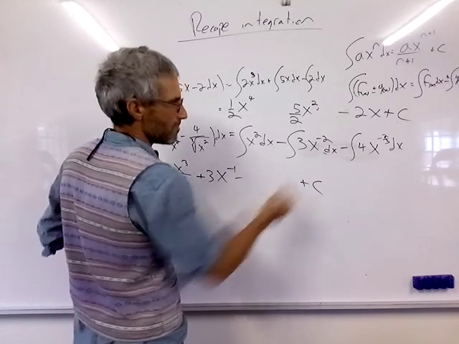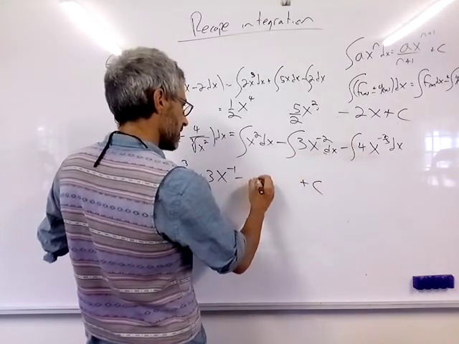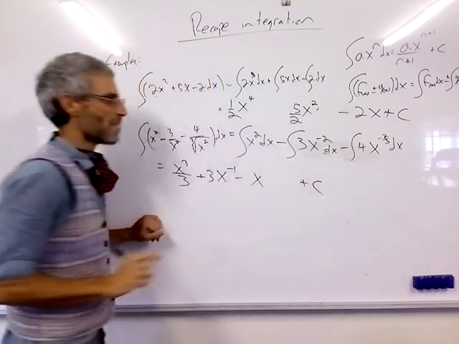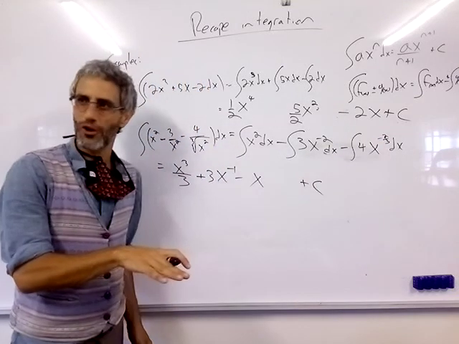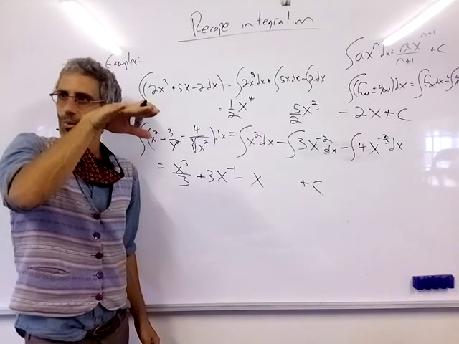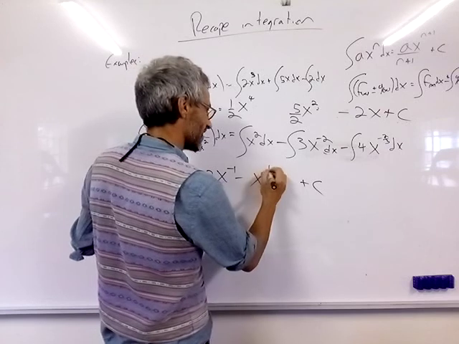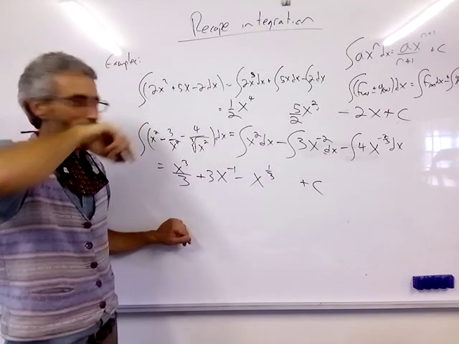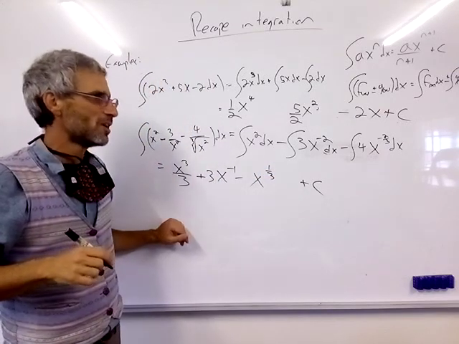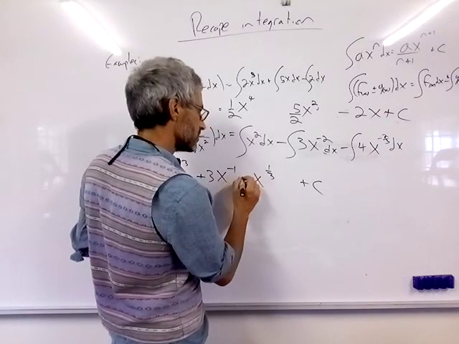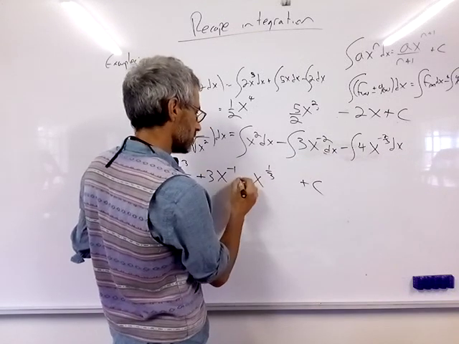Minus, or we'll write minus, it probably will be plus at the end. Okay, this is a little bit more difficult. What will be the power? It was minus 2/3 plus 1. How much is that? You can use a calculator, it's a third. Okay, it's a third. Minus 2/3 plus 1 is a third. And now, I want to have a 4 here. I want to have a minus 4.